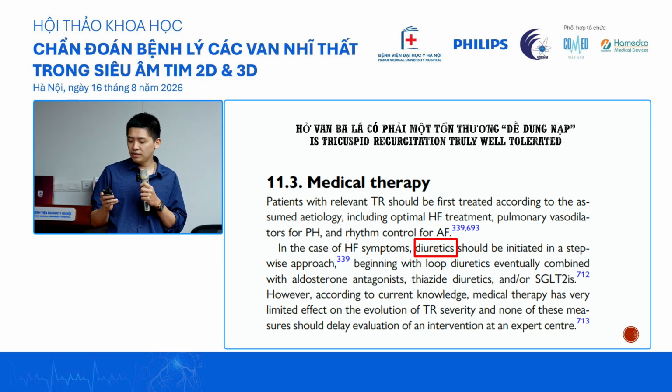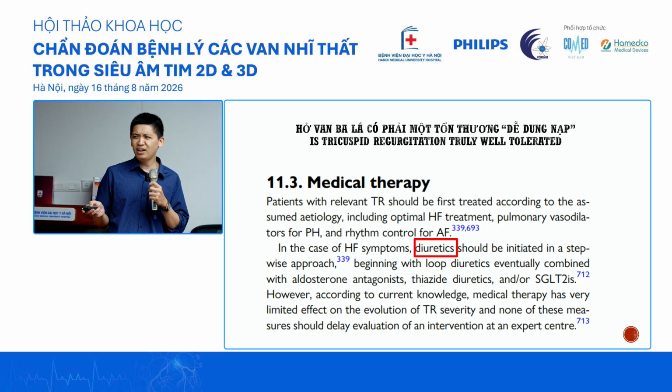Another thing where my point of view has changed over time is that in the past we thought that regurgitation lesions, especially in right heart disease, were more tolerated because of how elastic the right ventricle is. But I think the problem comes from the fact that we tend to give the patient a diuretic.